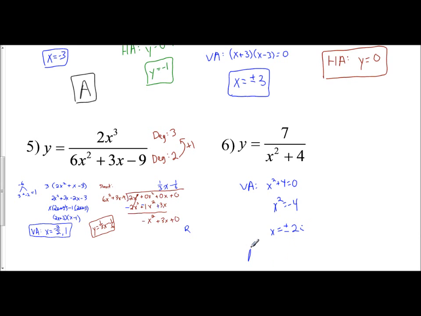No. So there are no vertical asymptotes. So let's now identify our horizontal or our slant. So the degree in the top is 0, the degree in the bottom is 2, so the degree in the numerator is less than the degree in the denominator. That tells me right away horizontal asymptote at y equals 0.